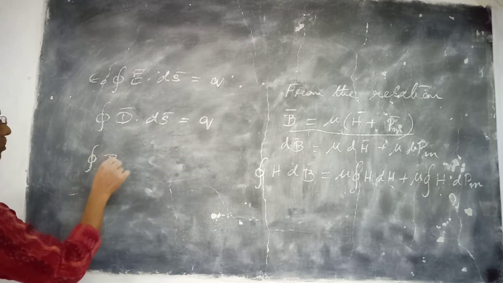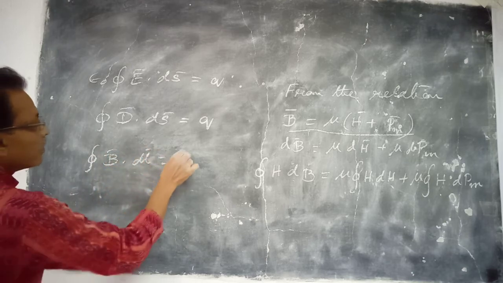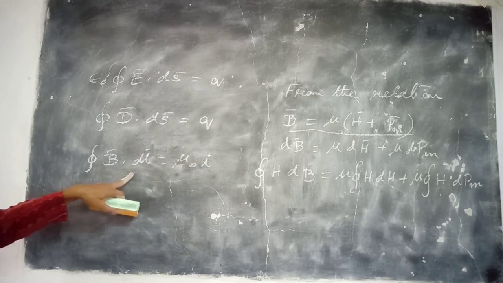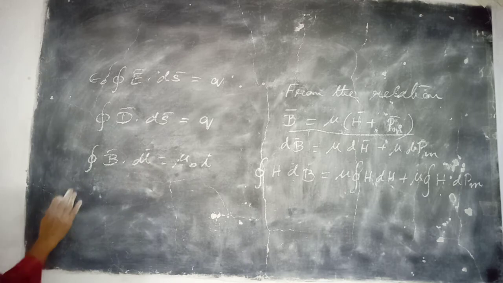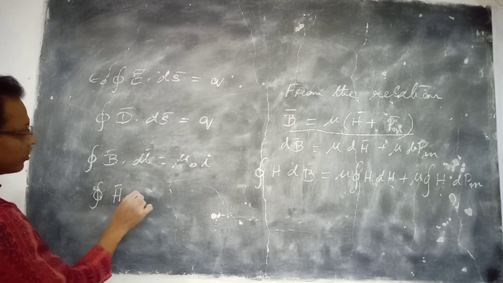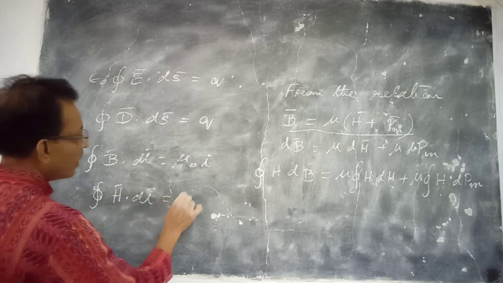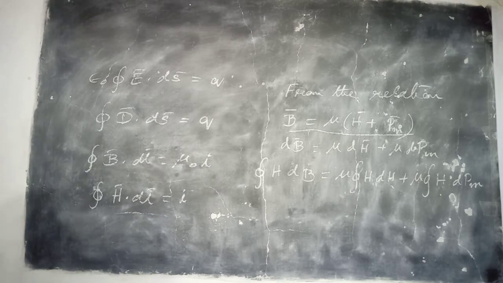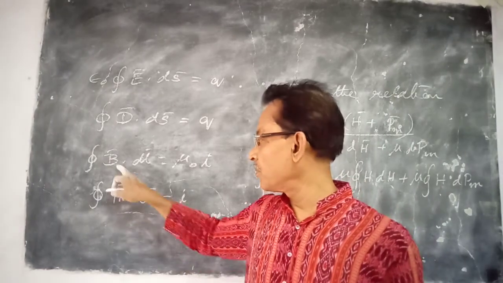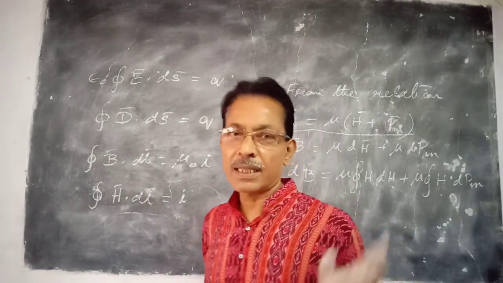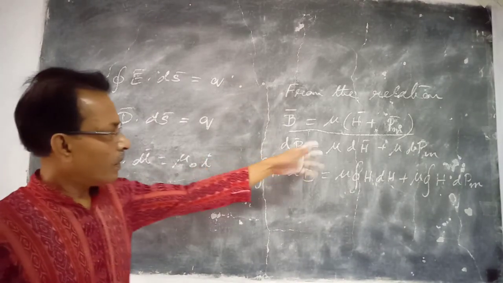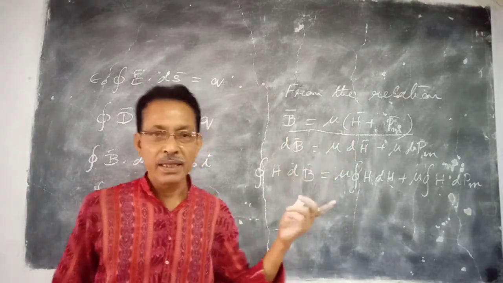B dot dl is equal to mu 0 I is the Ampere's law in absence of magnetic material. And we shall derive the form of Ampere's law, H dot dl is equal to I, in presence of the magnetic material, and from that we derive the relation between B, H and PM. In the next class we shall see this one. Okay. Now therefore, this relation we shall derive in the next class.